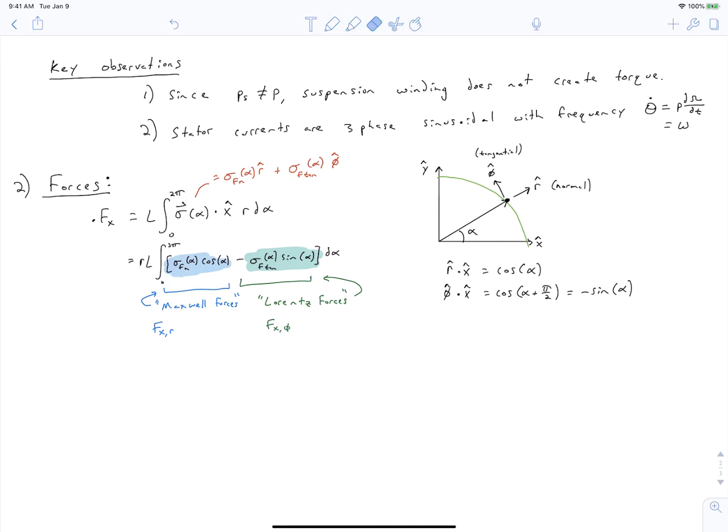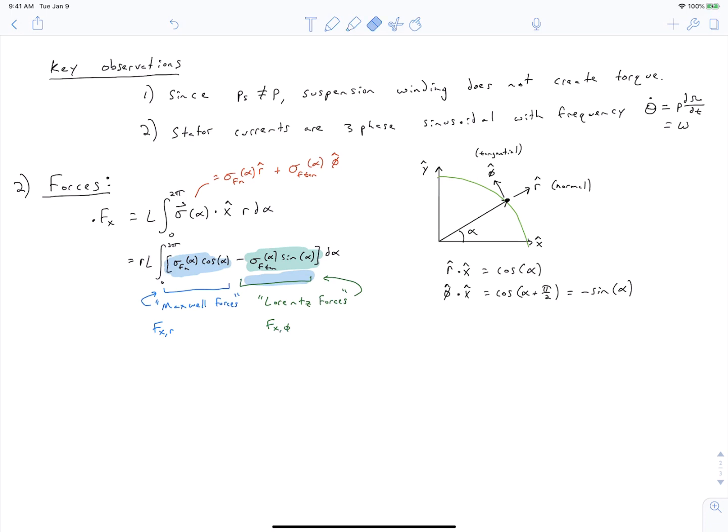The terms associated with the tangential force density are referred to as Lorentz forces, and in most systems they're insignificant compared to the Maxwell forces. However, for certain situations or for certain designs, the Lorentz forces can be the dominant physics. This is especially true of coreless designs where you don't have iron in the back, you don't have iron yokes. We'll talk more about that as we go.